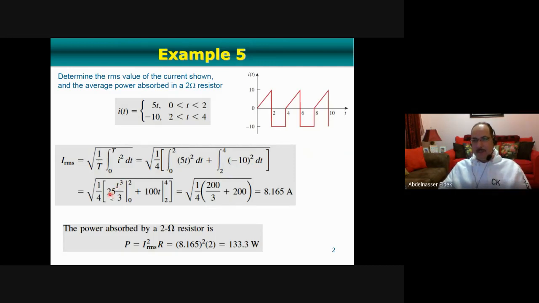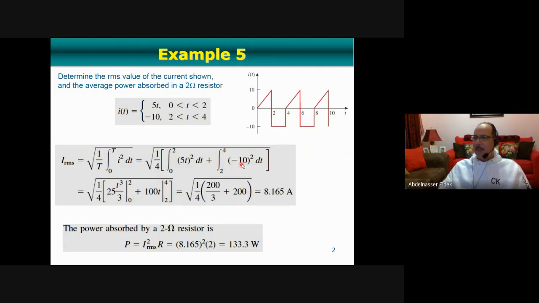You substitute t equal 2 and then t equal 0. When t equals 2, t cubed will be 8, and 8 times 25 is 200, so 200 over 3. When t equals 0, it's just 0.